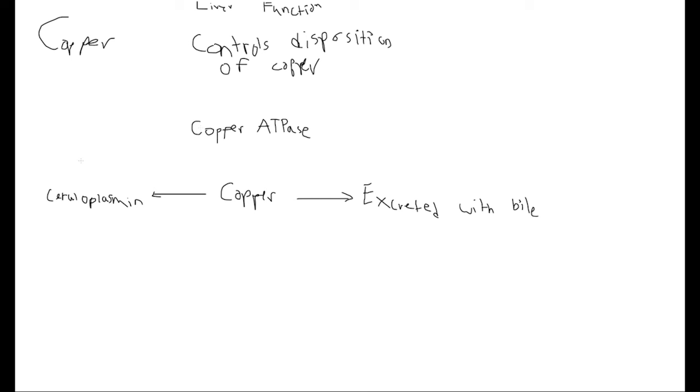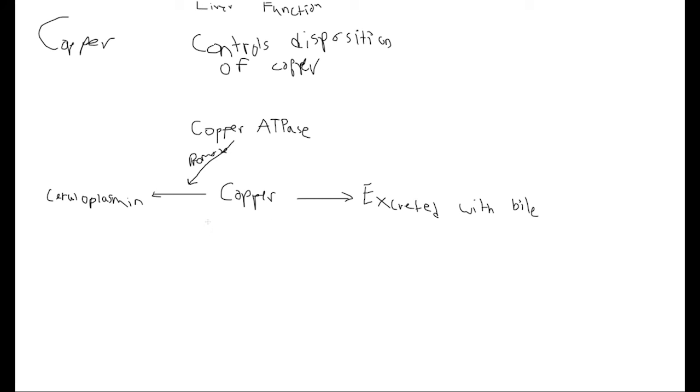So how is it going to do that? Well, this copper ATPase is going to promote this. If there's more copper ATPase, then more ceruloplasmin is going to be produced. If there's less, more of the copper will be excreted with the bile.